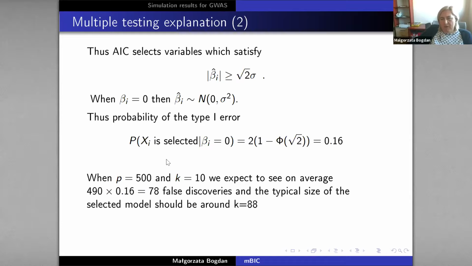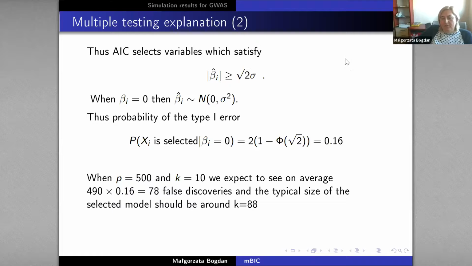So when your sample size increases, it has no influence. Always you will have probability that xi is selected equal to 0.16. So Akaike criterion is not consistent in the way that the probability that it will identify the true model is not going to 1 when the sample size increases.